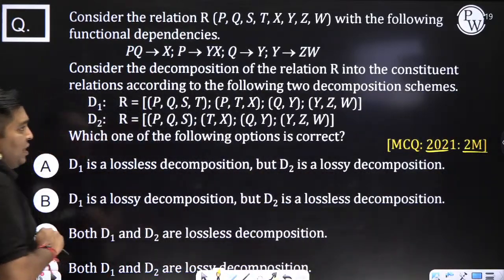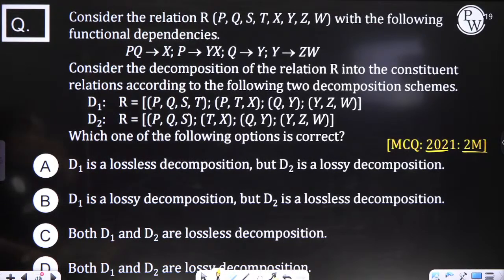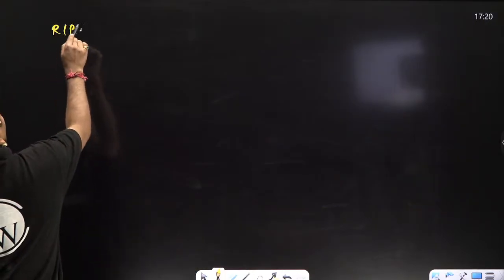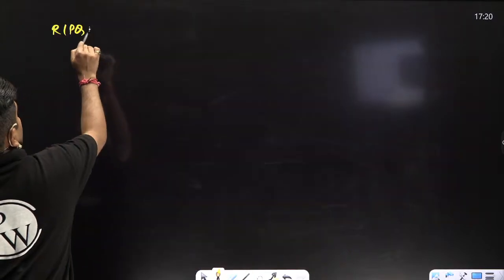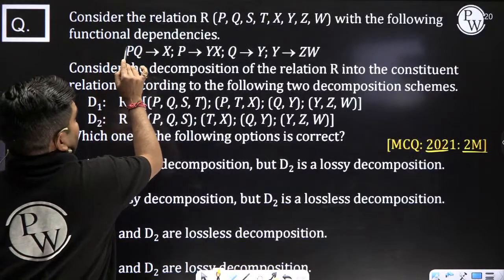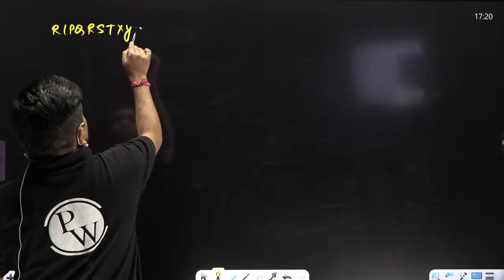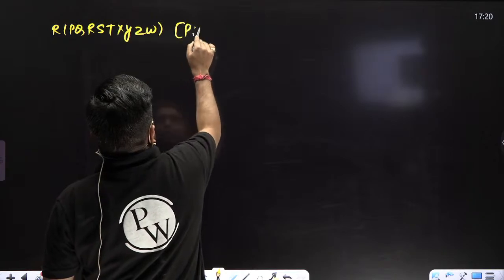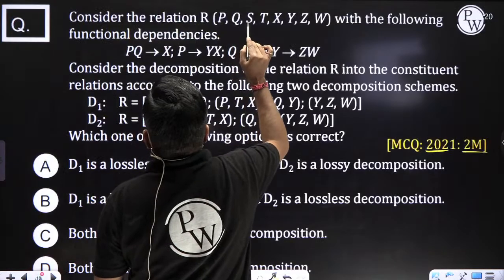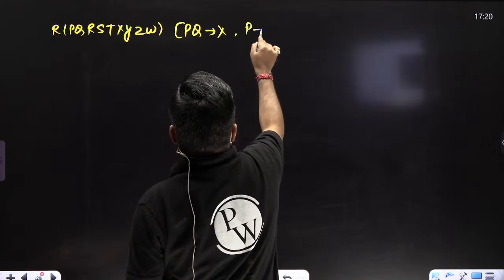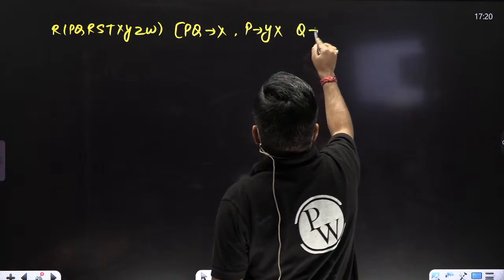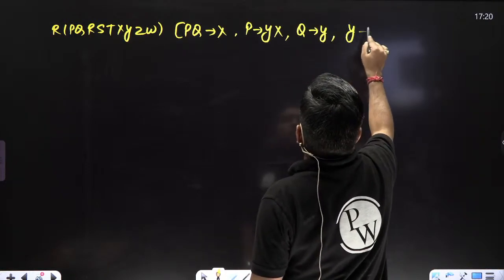Now, let me know what is the correct answer for this one. How do we do it, my dear? Here FDs are given. R is given: R(P, Q, S, T, X, Y, Z, W). Q to X, P to Y, and Y to ZW.